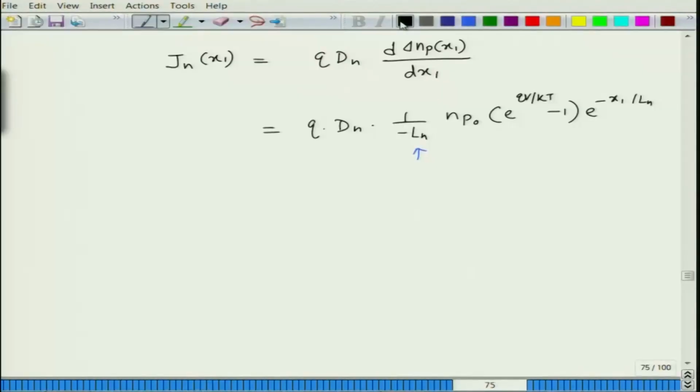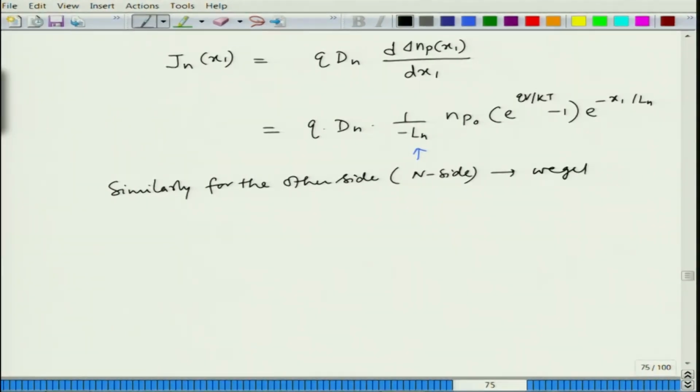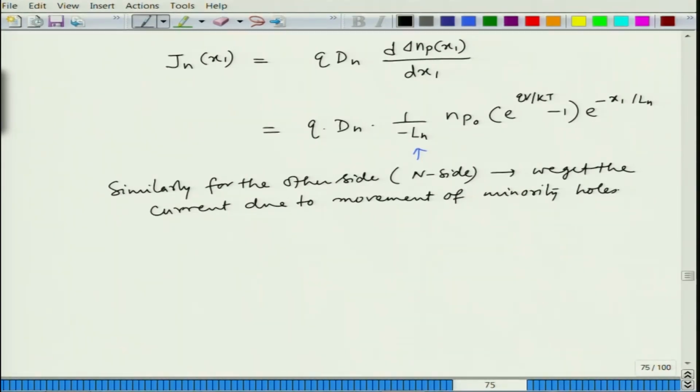Okay. So, similarly, for the other side, that means for the n side, we get the current due to movement of minority holes, and we can write the similar expression J_p(x_2).